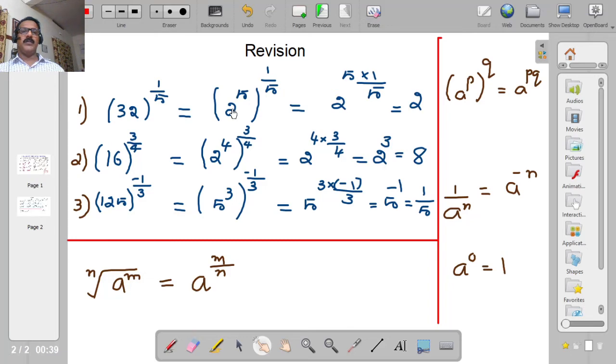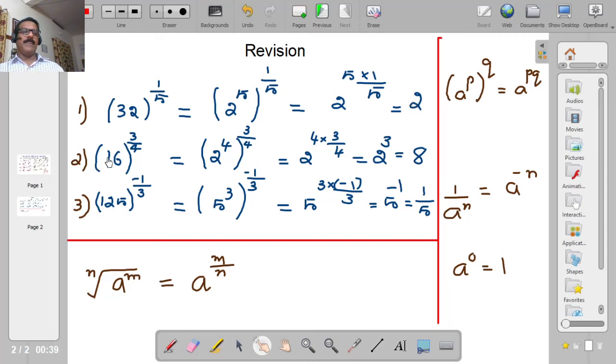Now this is of the form a raised to p the whole raised to q, which is equal to a raised to pq. A is 2, p is 5 and q is 1 upon 5. A raised to pq. 5 and 5 will get cancelled and we will be getting 2 raised to 1, which is equal to 2.